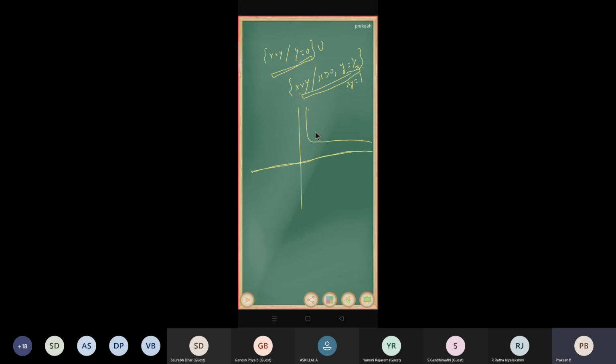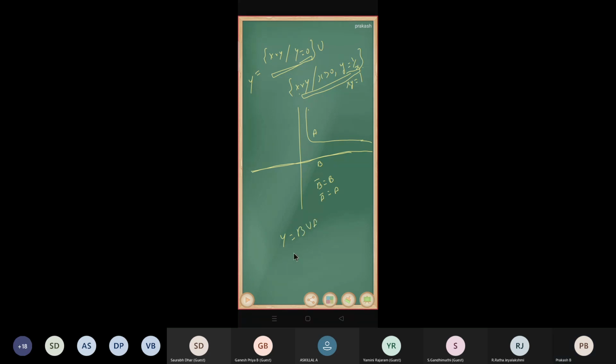So we are going to take this as one A and this one as B. So both are closed means B bar equal to B, A bar equal to A, right? So this is our space. So Y is equal to B union A, right?